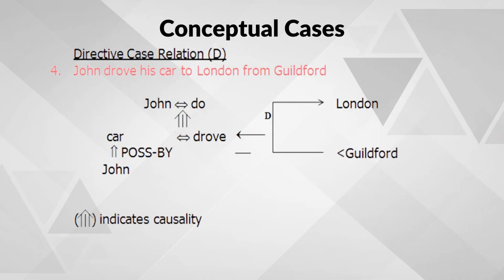In conceptual dependency analysis, the sentence John drove his car from Guildford to London can be broken down as action, agent, object, source and destination. So, here action is drove, agent is John, object is his car, source is Guildford and destination is London. In terms of the directive case relation, we can think of the source and destination concepts.